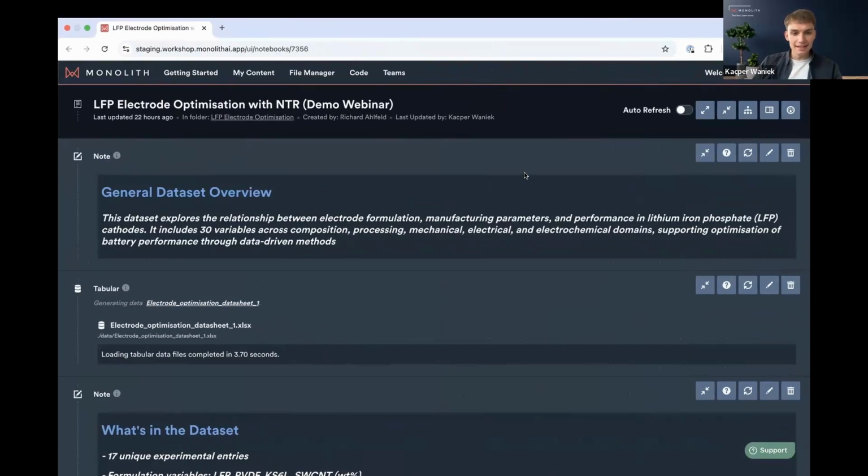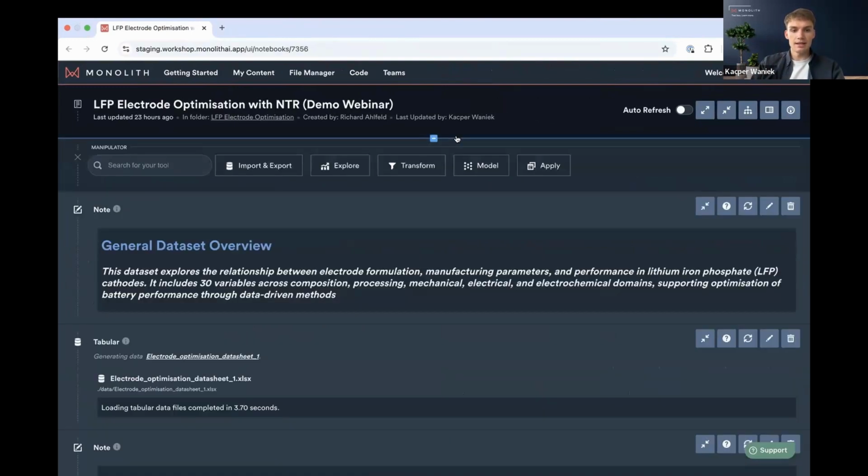So what you're seeing here is a notebook I've created within Monolith using real experimental data from the research paper I just mentioned. Our platform allows you to create custom notebooks using these cells that include a range of manipulators ranging from data exploration, data transformation, all the way through machine learning modeling.